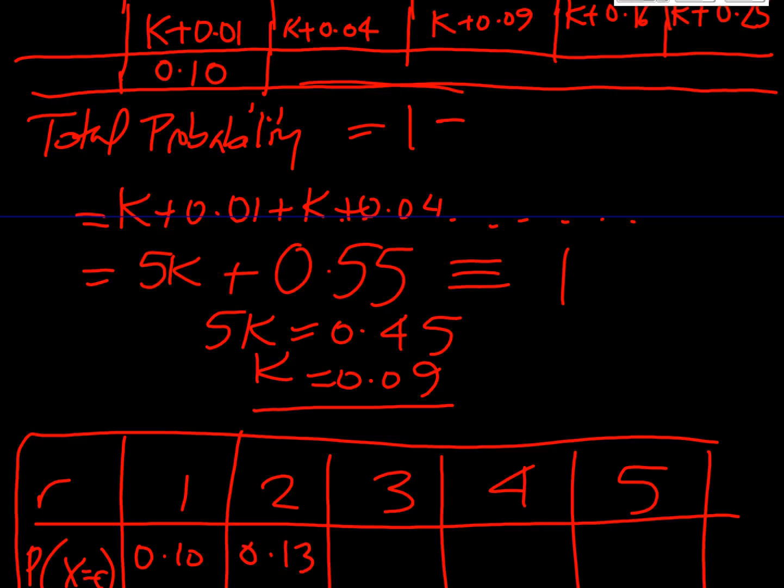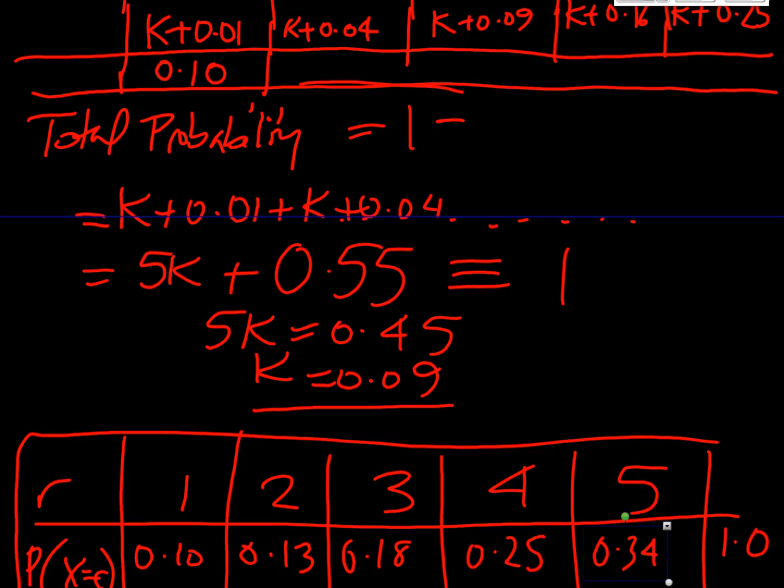The third is k plus 0.09, which is 0.18. The next is plus 0.16, so that gives us 0.25. And finally, the fifth is k plus 0.25, which gives us 0.34. We can check that if we add all those numbers up, the total is going to be 1.